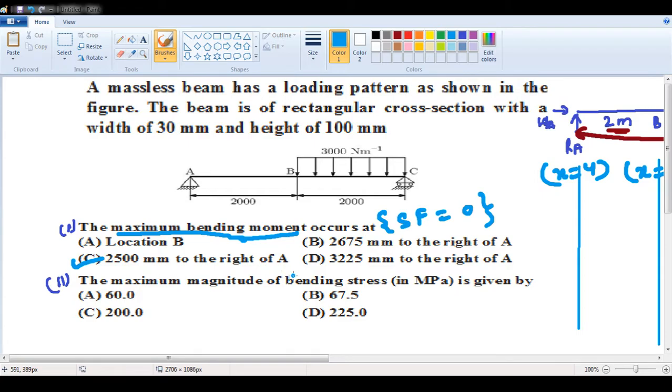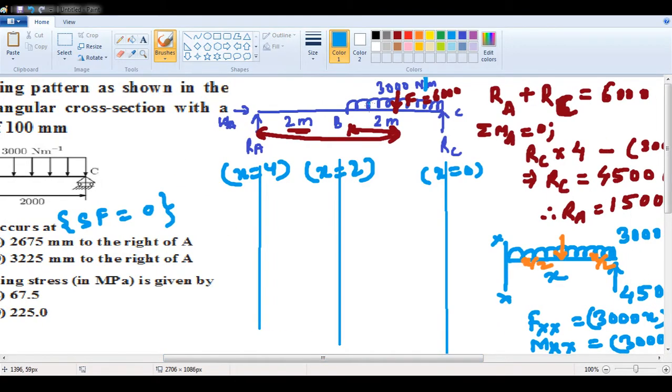To understand this, you can check out over here. 2.5 means somewhere here. This distance is what? 2.5. How to check is RA into 2.5.